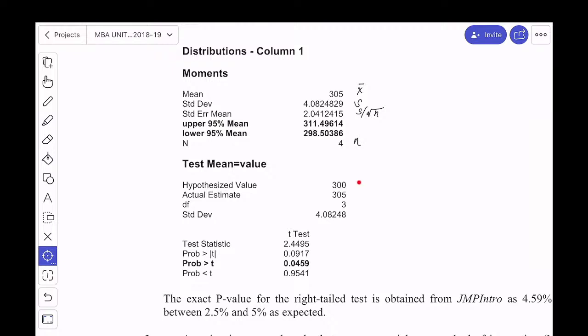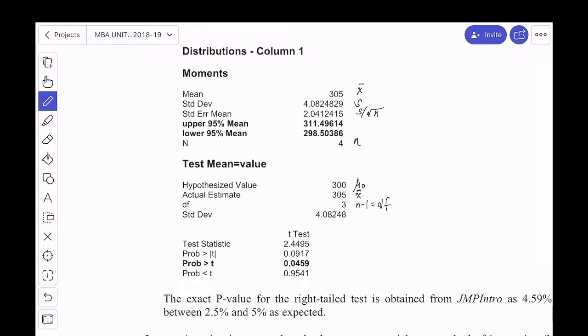Now, this is the hypothesis test. So this is the hypothesized value. This is mu0. I know it's for the mean because it says mean. And then this is the sample mean, which is repeated above. Degrees of freedom is n minus 1.